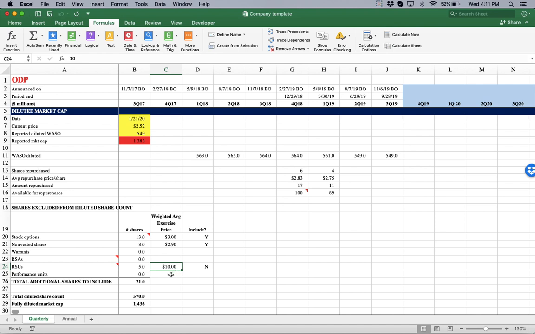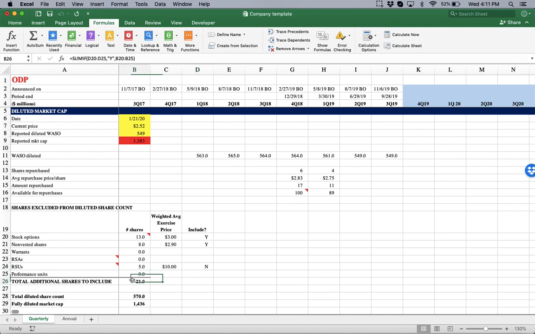So obviously at that point, the investment has gone up a lot, and so this isn't going to affect our share count. But these exercise prices down here, $3 and $2.90, they're much closer to the current price, and so that's why in this column, I would put yes, we're including these two, but no, we are not including these 5 million RSUs.